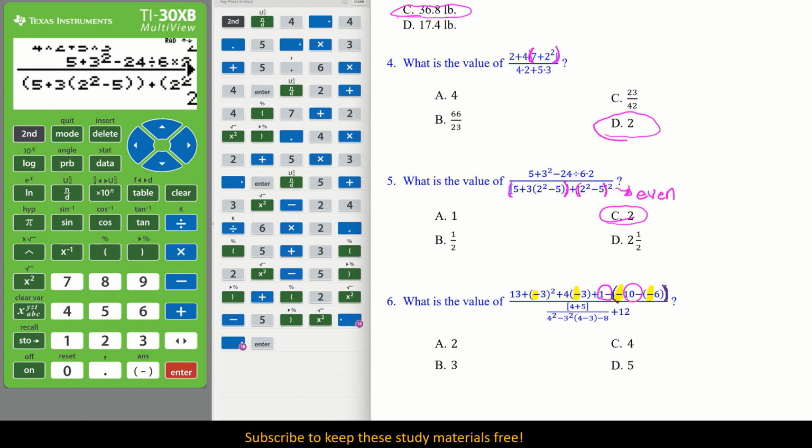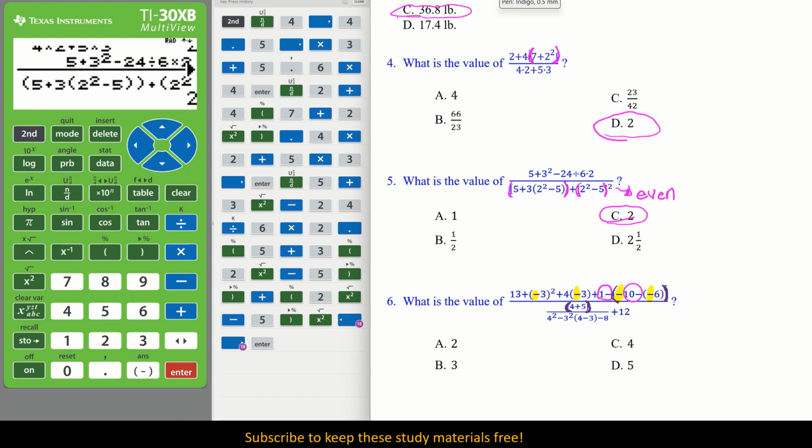Now, we go below to our denominator. Okay, where we have 4 plus 5, we can use parentheses. So we'll use parentheses for those. Now let's go below that. Okay, let's look at that denominator.